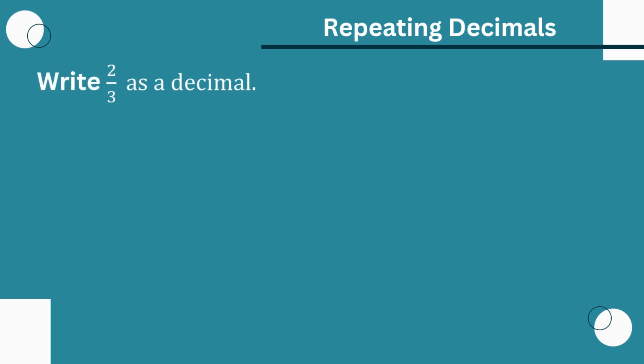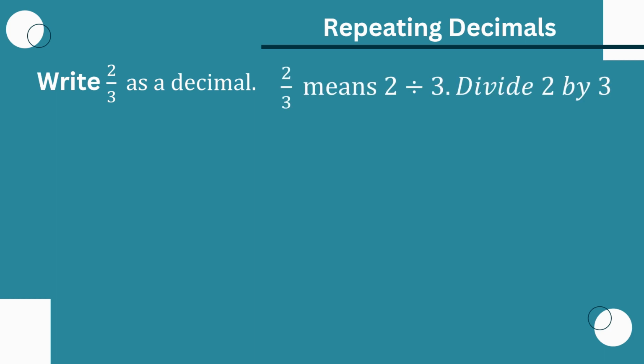First, we talk about repeating decimals. We have here: write 2/3 as a decimal. So 2/3 means 2 divided by 3. What is the answer? 2 divided by 3 cannot be done, so we put our placeholder 0. 0 times 3 is equal to 0. 2 minus 0 is equal to 2.